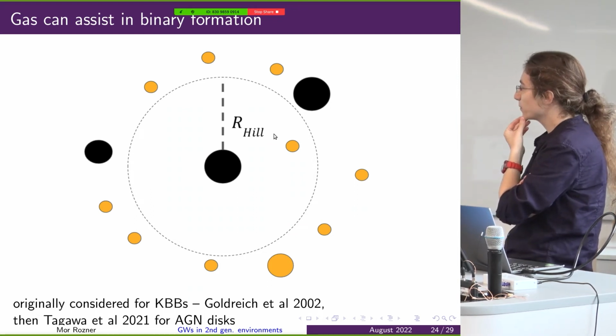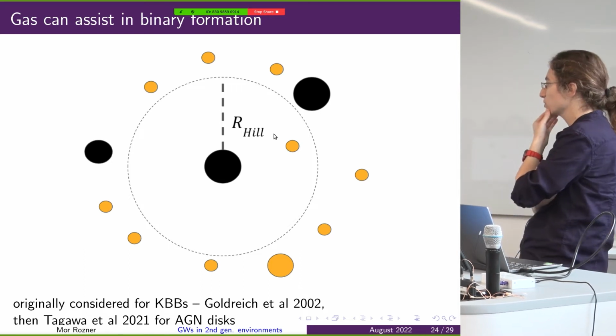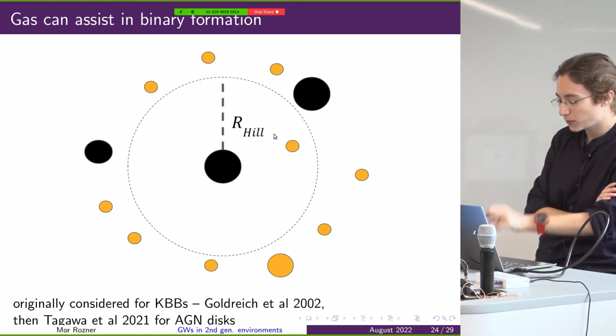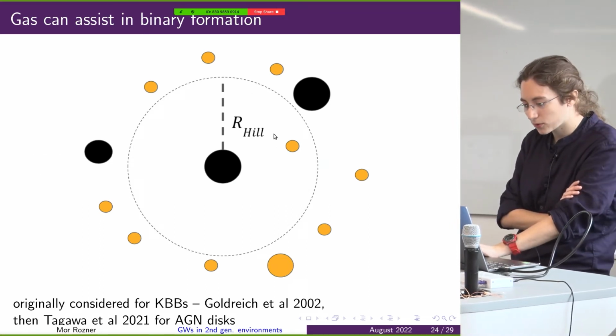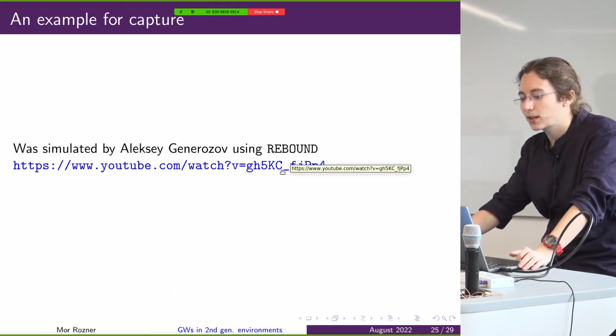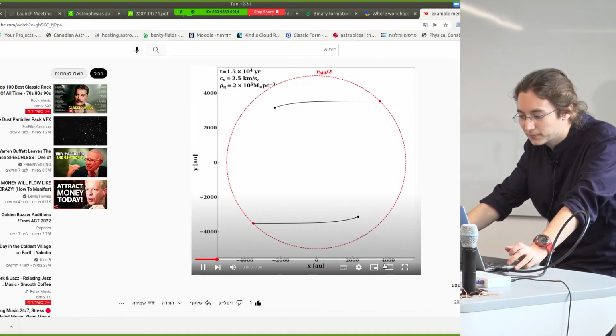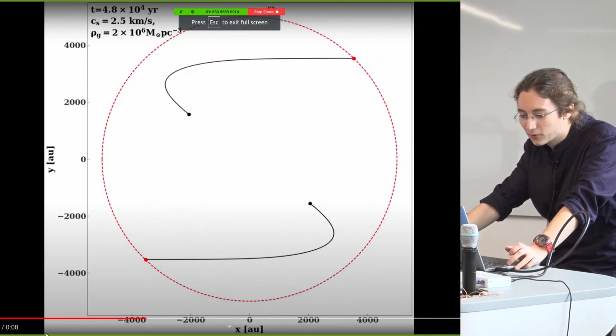And we thought to ourselves, maybe we could have something like that in our globular clusters. Tagawa mentioned it for AGN disks, and we had it for Kuiper belt objects, and then we thought what will happen in our case. And we have a very nice simulation done by Alexei Generozov. I will show it twice.